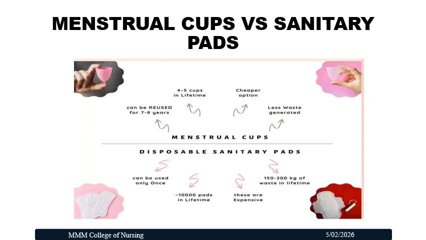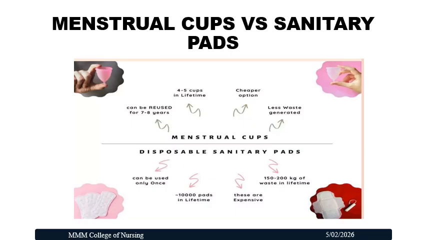So the difference between the menstrual cup versus the sanitary pads. First, a menstrual cup can be reused for 7 to 8 years after proper care. 4 to 5 cups are needed for a lifetime. Cheaper option, less waste generated.